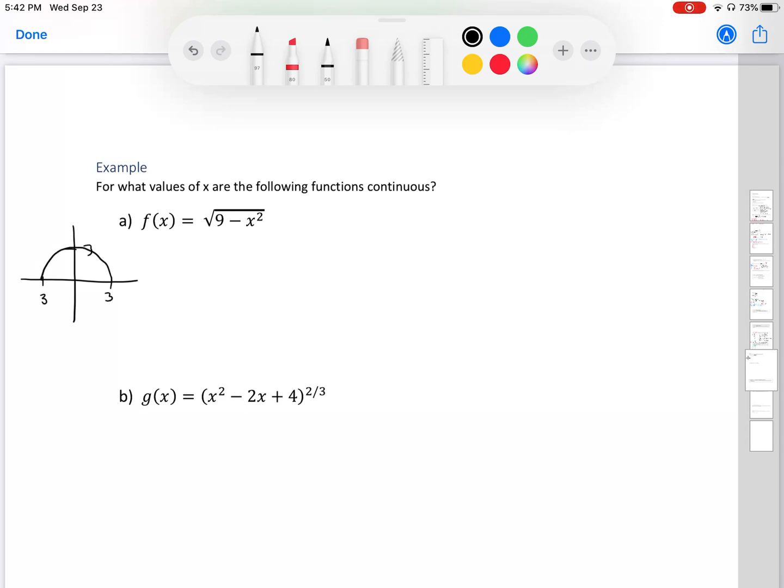Your graph looks like this. It's continuous along the values that make our argument true, so from -3 to 3. Anything bigger than that will give us a negative argument in our radical. So we can say that it's continuous on -3 to 3.